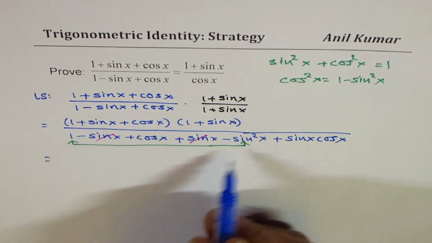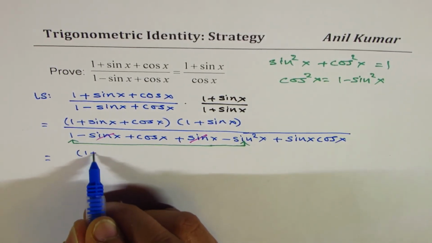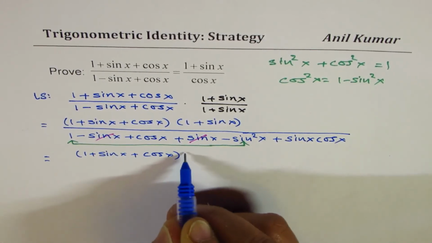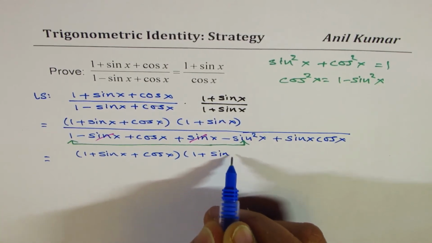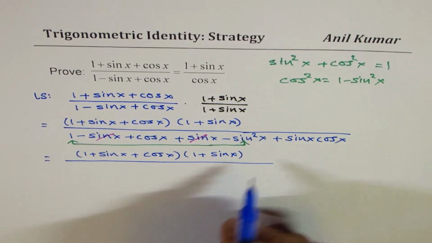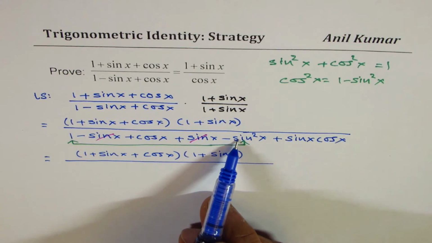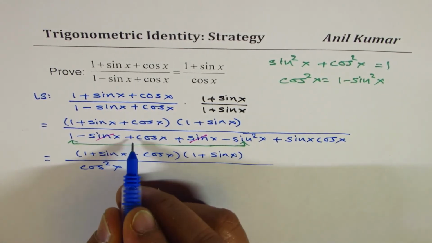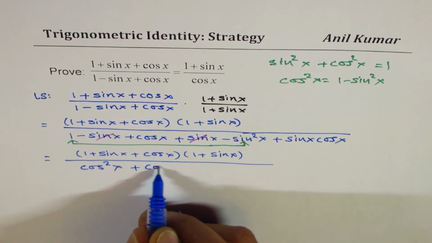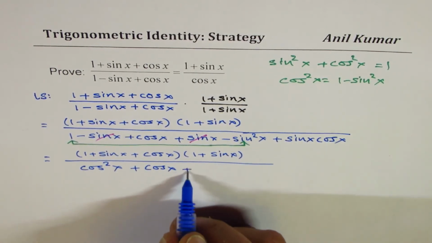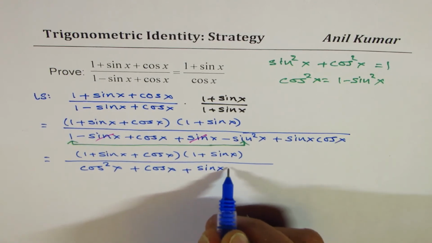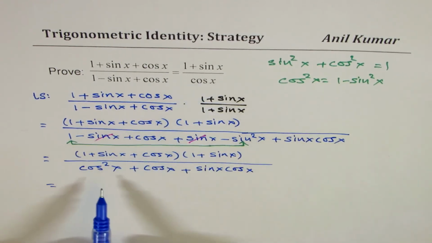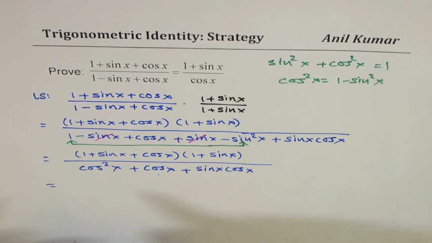So we could now write the numerator as such, which is 1 plus sin x plus cos x times 1 plus sin x, and the denominator, combining 1 minus sin square x and writing it as cos square x, we get cos square x. Then we have plus cos x. And the third term is plus sin x cos x. Now in the denominator, we want cos x as a common factor, correct?